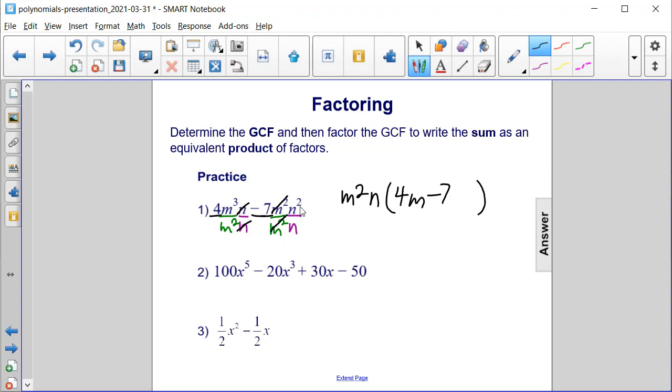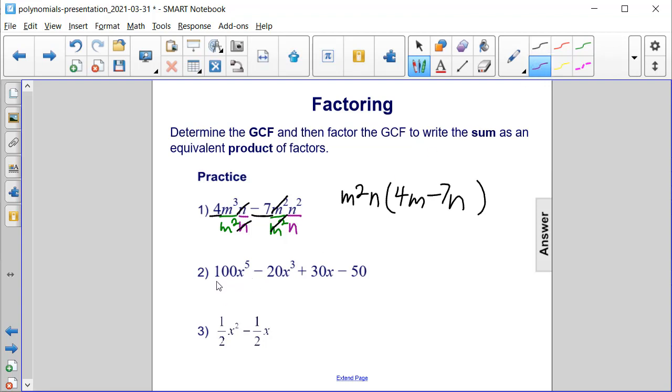And then n to the 2nd divided by n is just n. So the equivalent product of factors for this first one is going to be m to the 2nd times n times the quantity 4m minus 7n. Now let's try the next one.